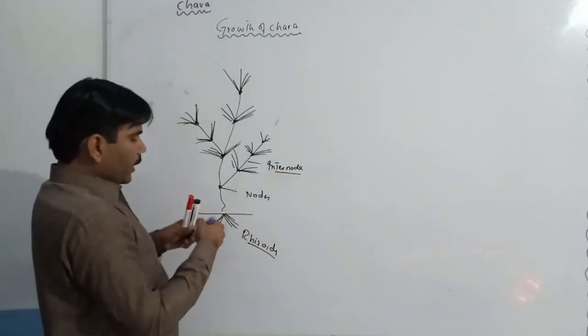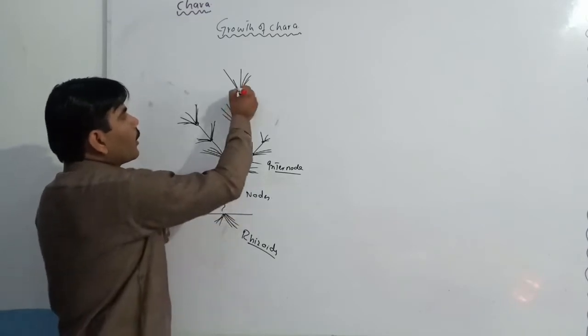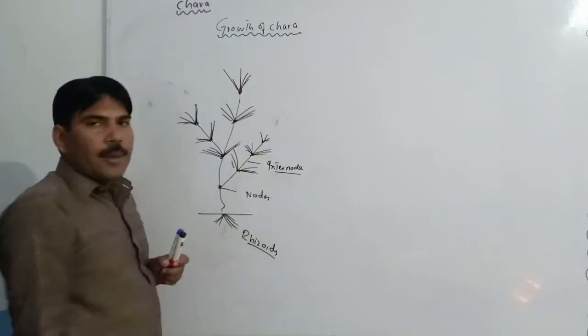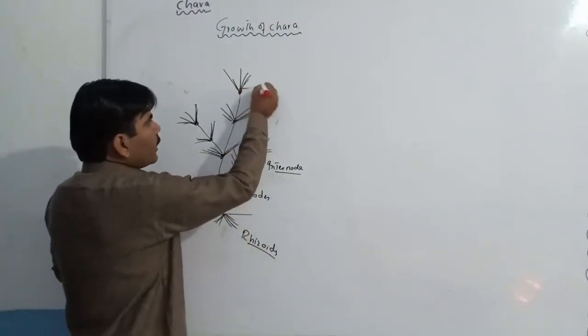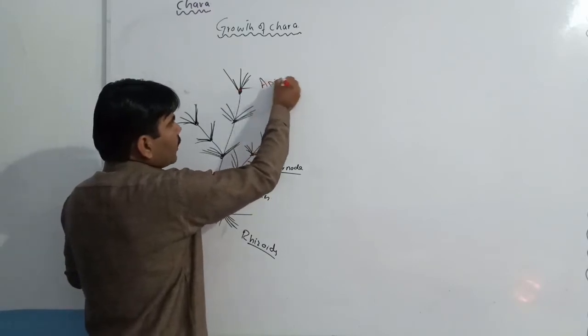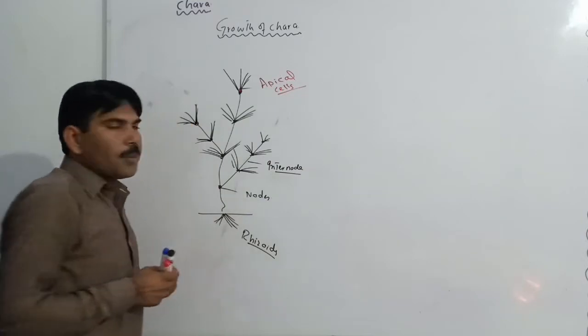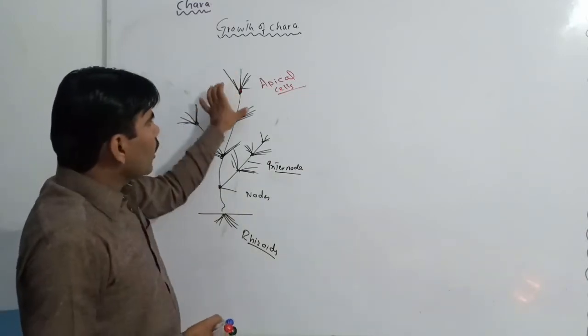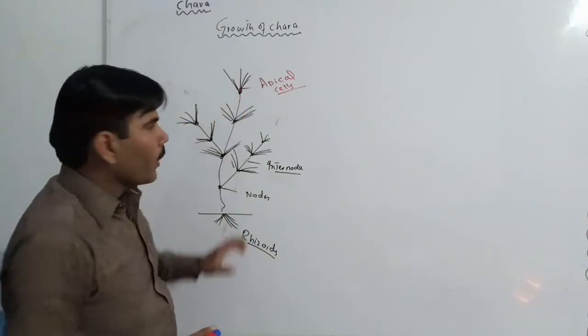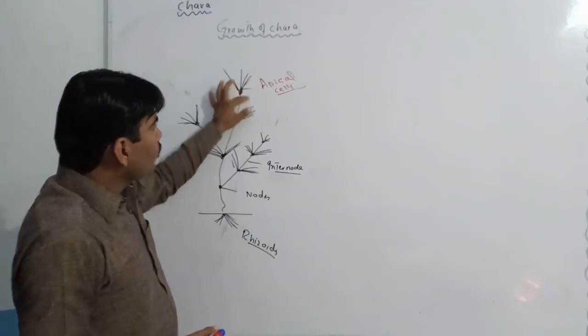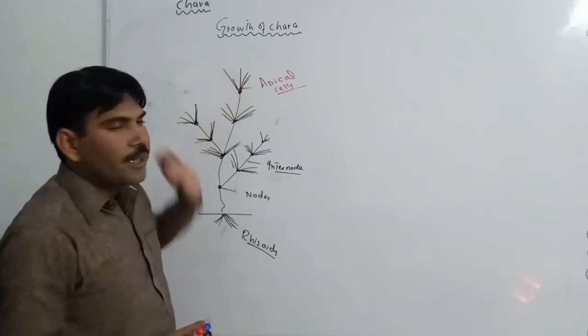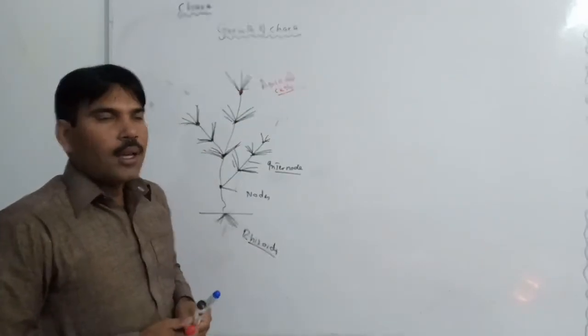And here is a point where the apical cell is present. This cell is known as apical cell, but our topic is how the chara plant body can grow. So a dome shaped cell is present at the apical region of a chara.